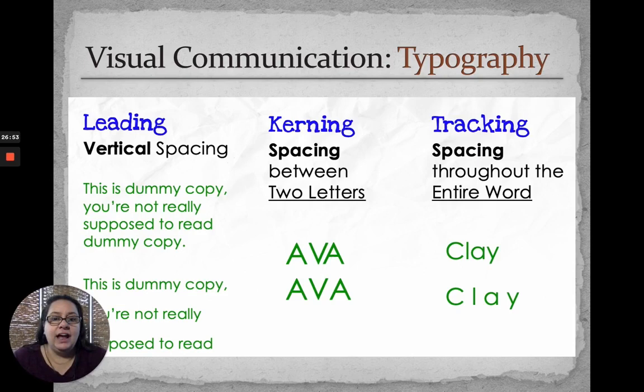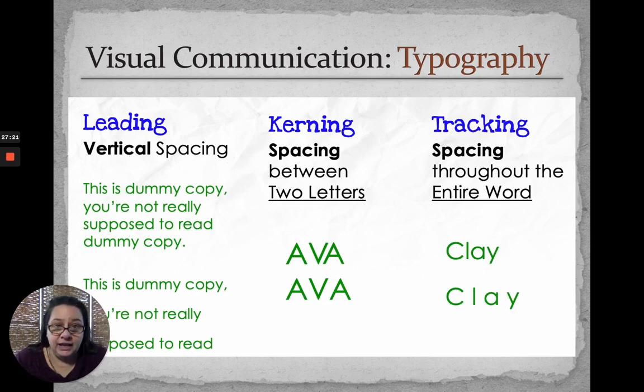So I would have to physically move the second A if I wanted them to have the same spacing. You're going to find this with some fonts versus others. You could type this AVA in a different font or typeface and you wouldn't have that problem. So this is one of those individual basis type things. Usually we worry more about kerning for headers or subheaders, not really in body copy. But I want you to be aware of that.